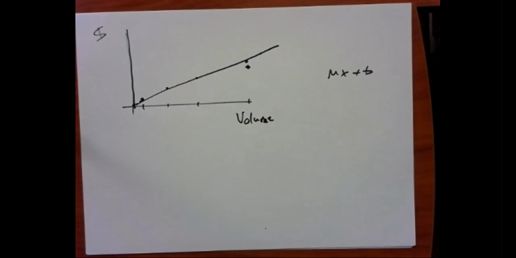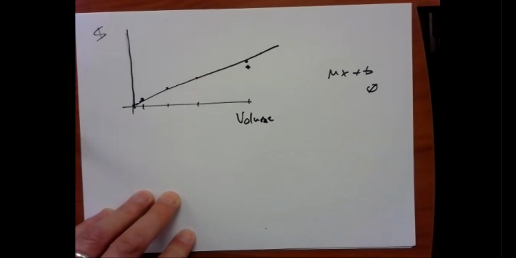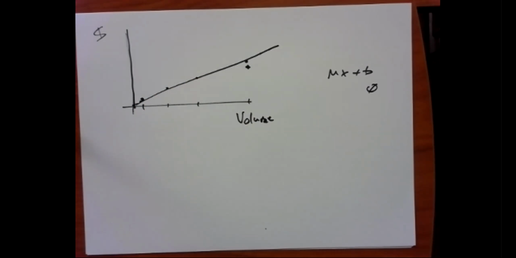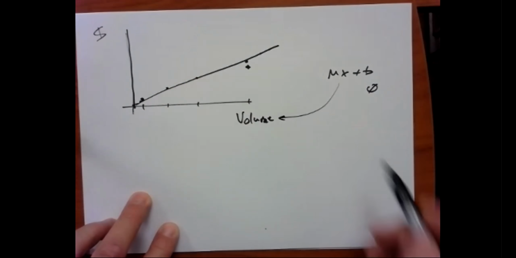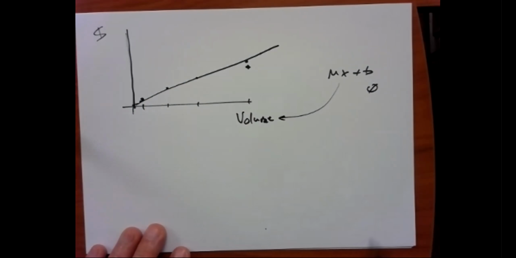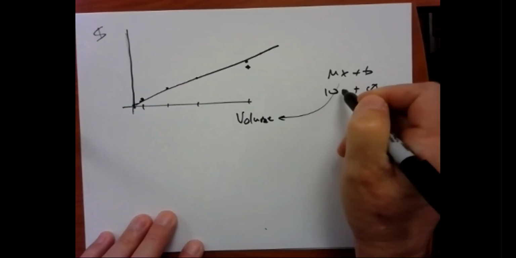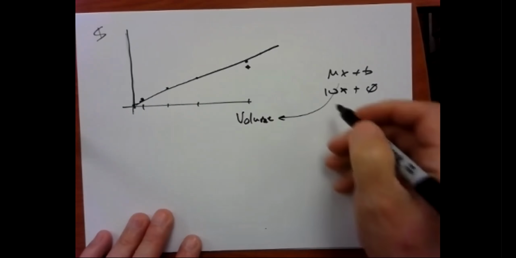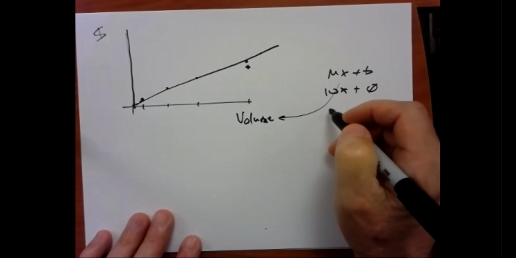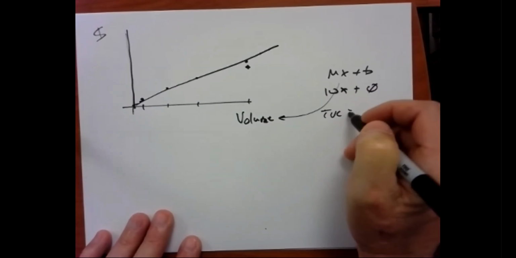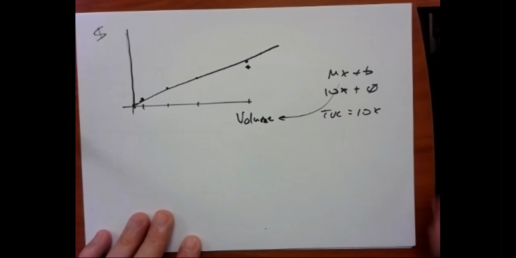So there is no B. If volume is my X, then what must M be in this case? 10. 10X plus 0, right? So in this case, my total variable cost is equal to 10X.